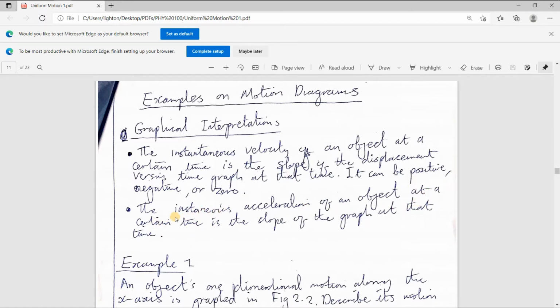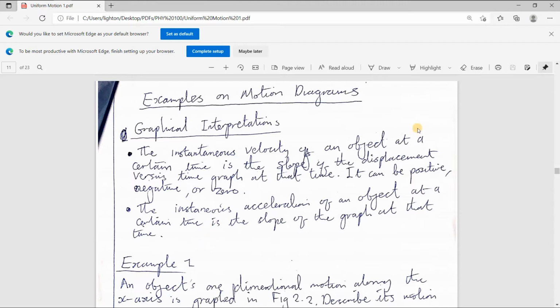It should say the instantaneous acceleration of an object at a certain time is just the slope of the velocity against time graph at that time. That's the slope. So that is instantaneous velocity and acceleration.